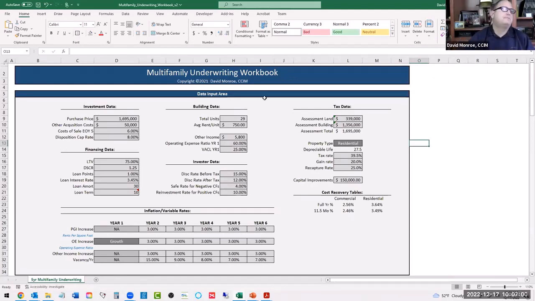All right. So this is a tool that I built myself. I built it from a class that I took, CCIM, go figure. One of the smartest people I know for Excel, who happens to be a professor at the University of Denver's Daniels School of Real Estate.